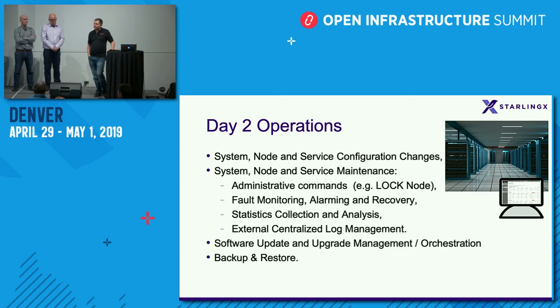And we provide orchestration tools for managing that, because as soon as your cloud gets above half a dozen nodes or something, this is a lot of work to do across all those. So we provide orchestration tools to automate a lot of the update and upgrade steps. And then finally, for disaster recovery scenarios, we do have backup and restore capabilities.